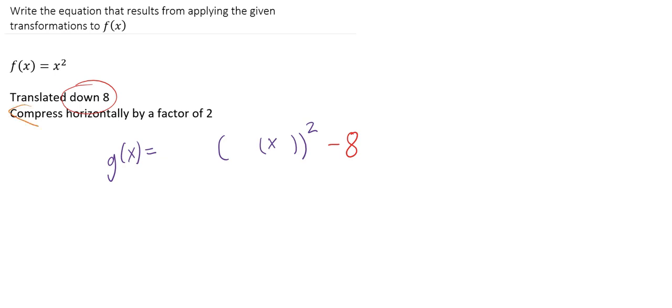If I'm going to compress it horizontally by a factor of 2, that sounds like it's making it skinnier by a factor of 2, a skinnier graph. But if you're on a quiz and you're wondering, do you want this skinnier or fatter? I can't tell, because compressed by 2, compressed by a half, it does not say, so just ask me. If I want to make it skinnier, it would be a 2 here. A big number on the inside makes it skinnier. A big number on the outside would make it taller.